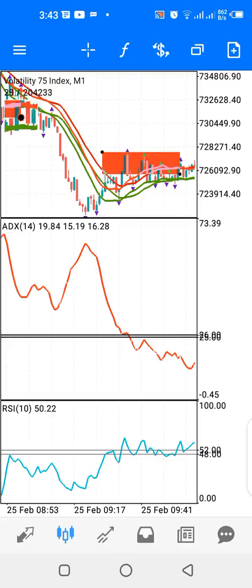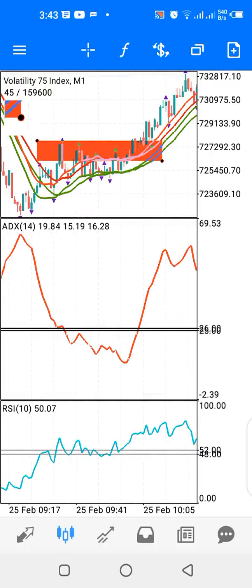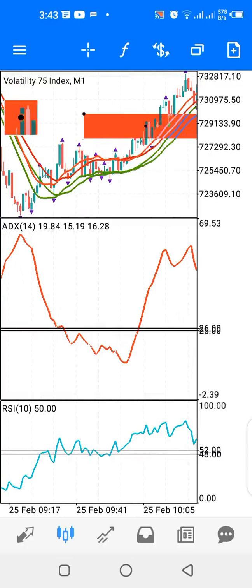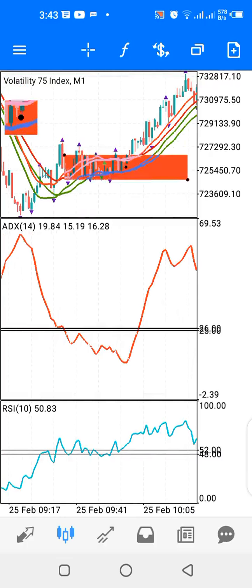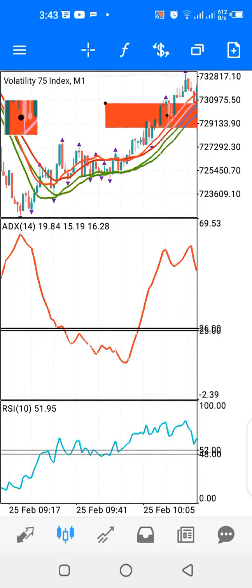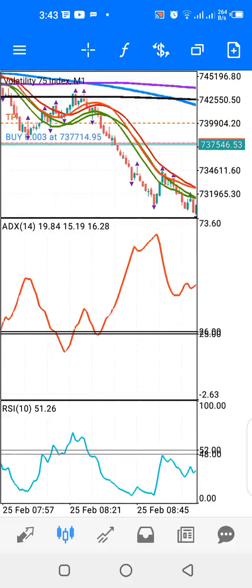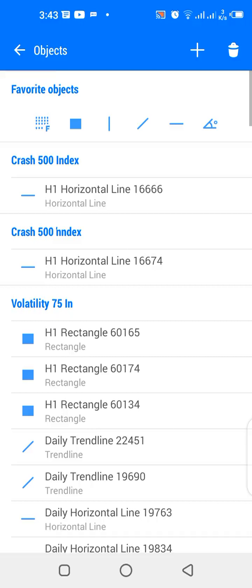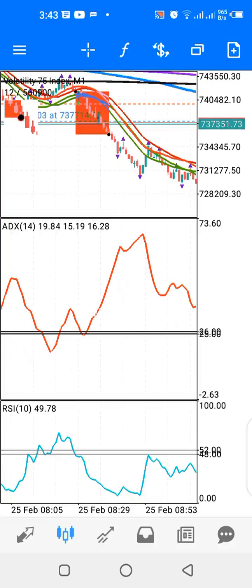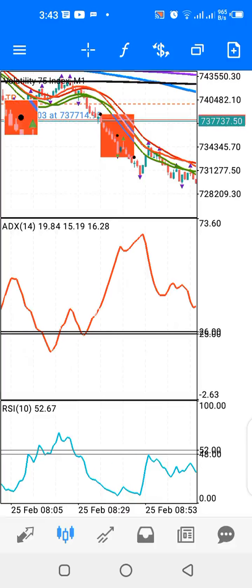You can see price closing either above or within, above, within, and starting to form higher highs. Now here we have a sell scope, as price starts to close below the moving averages.